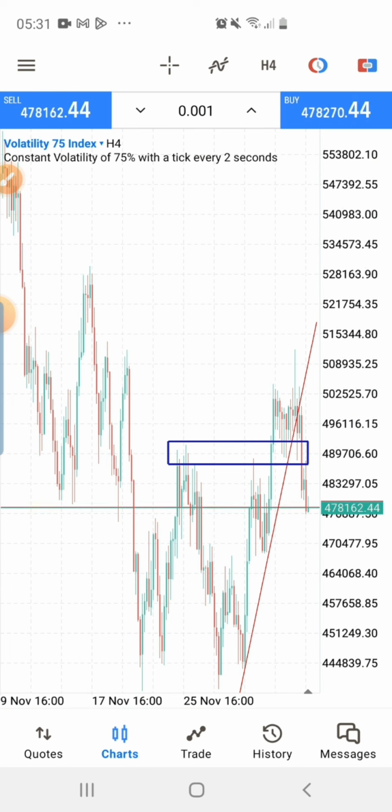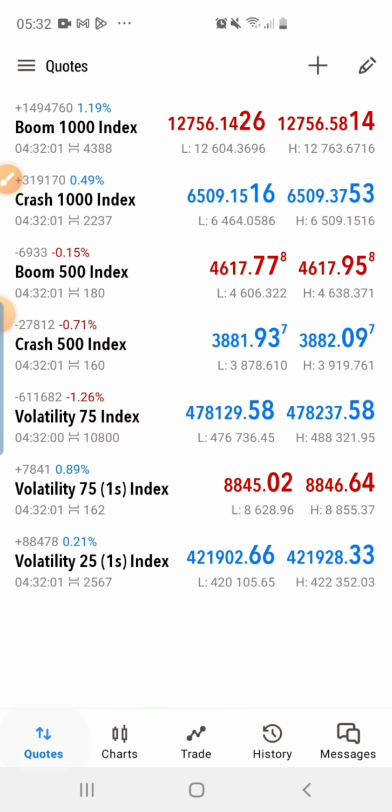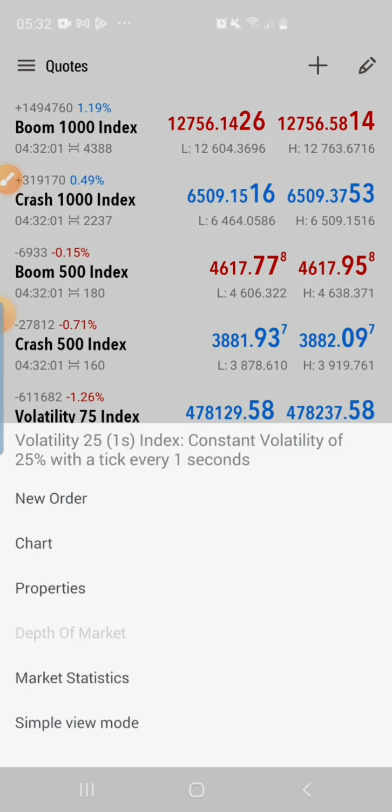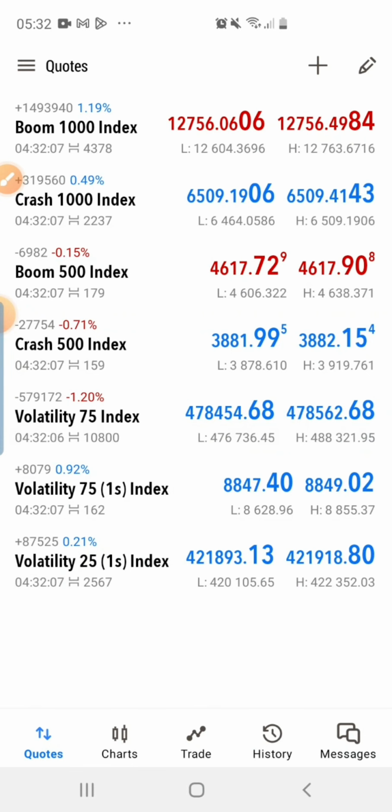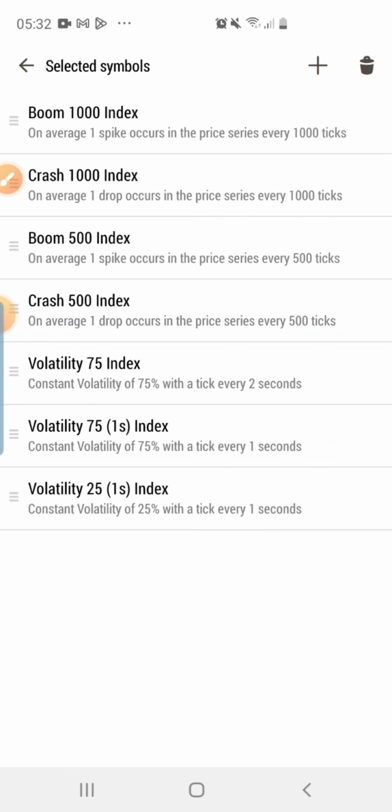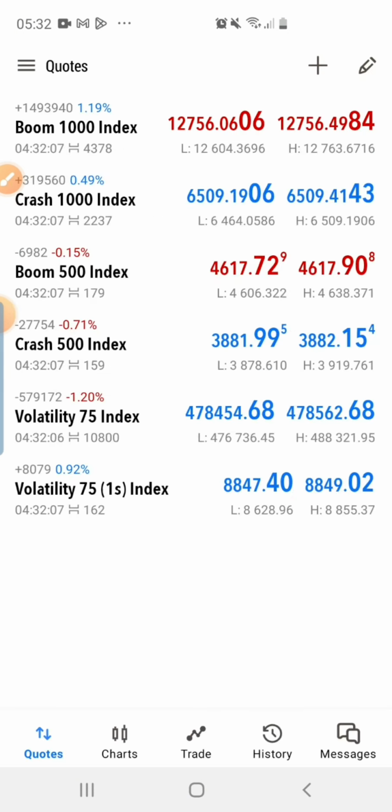But if you have a $10 or $20 account, or even a $50 account, please remove VS75 entirely. Remove VS25. Simply come here, click on delete, delete this 25 and also 75.